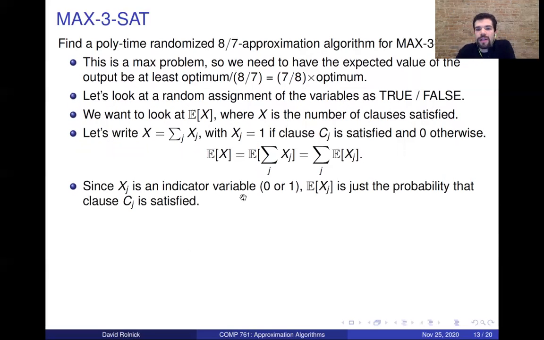So the expected value is just the probability that the clause is satisfied. That's just what an expected value is if something is 1 or 0. It's just the probability that it is 1. So let's work out what that is.